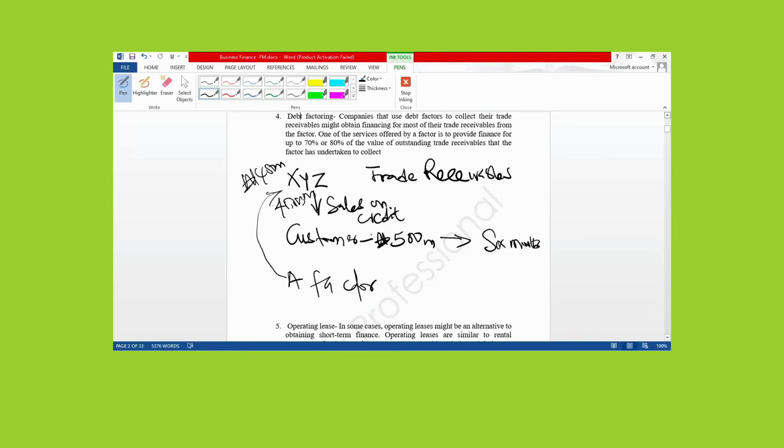Now, on that 400 million loan, it is possible that the loan is with interest payments or without interest payments. It's a function of the terms of the contract. But the bottom line we are discussing here is that a company can adopt debt factoring as a means of sourcing financing.